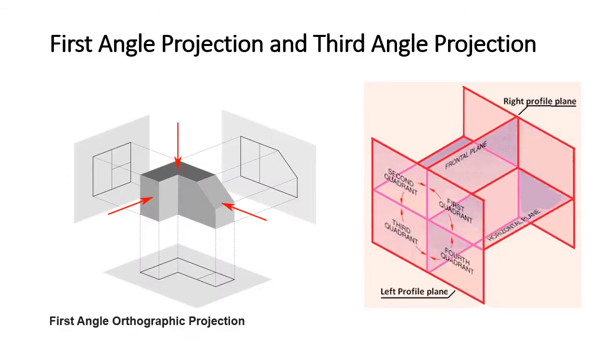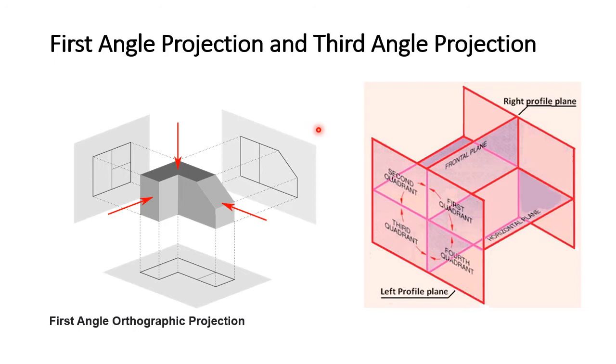So let's distinguish the orthographic projections. We have the first angle projection. The first angle projection is one of the ways of representing a three-dimensional object in two dimensions, commonly used in European countries and most of the world, except the United States, its colony, and Australia.